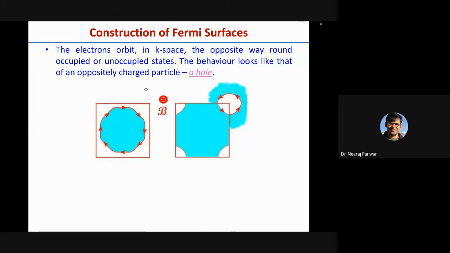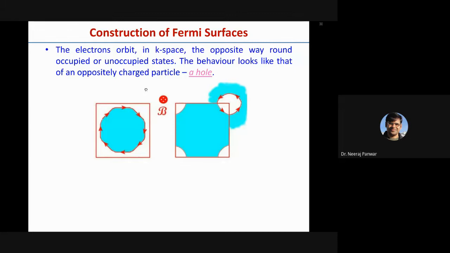So for those metals like aluminium, the Hall coefficient would be given by -1 upon the electron concentration minus hole concentration times e. Therefore, we need the electron concentration as well as the hole concentration, and their numbers will decide whether the Hall coefficient will be positive or negative.